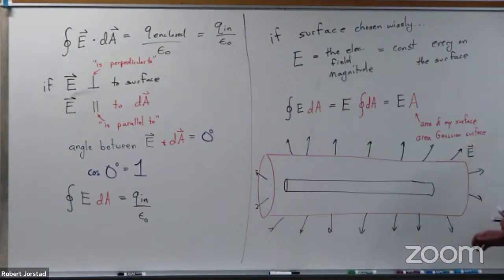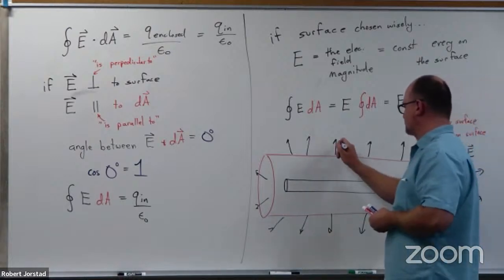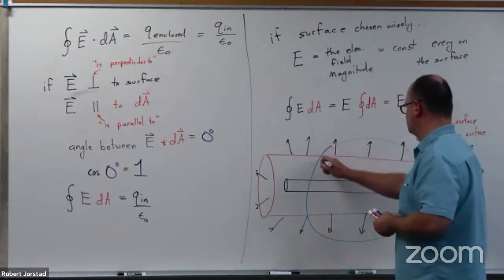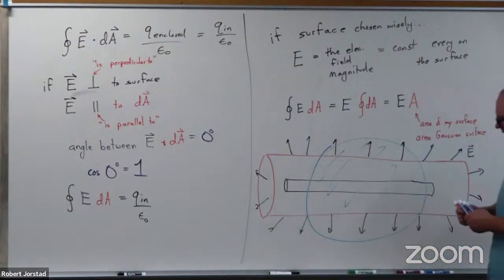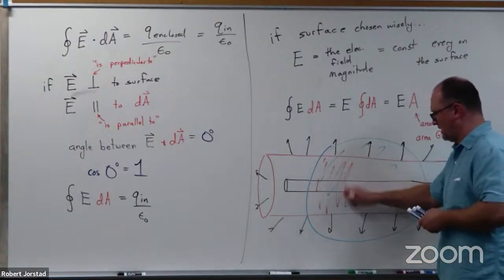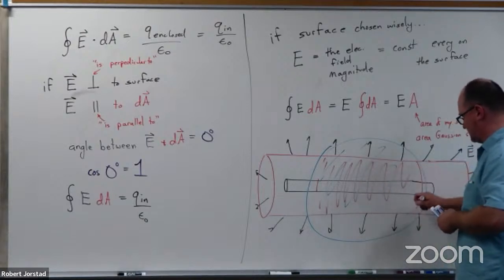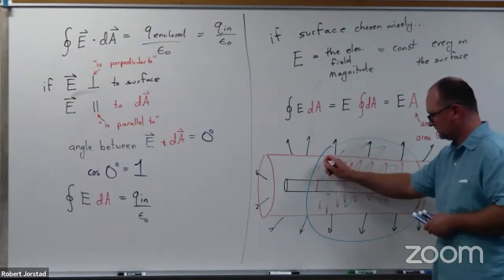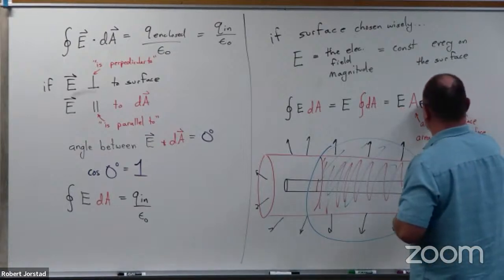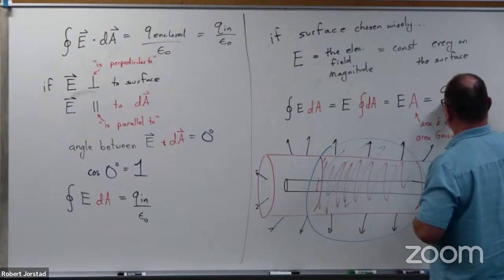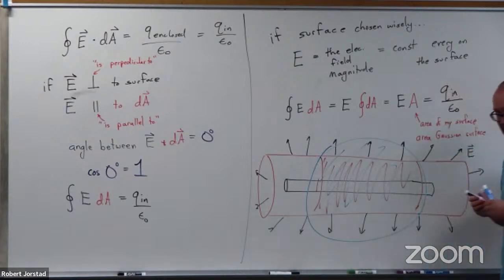If I restrict myself to this center region here, I could say the area of that surface that I've drawn in my mind, the area of the cylindrical surface, I could plug into here. The electric field, I don't know, but I do know that this is equal to Q enclosed over epsilon naught.